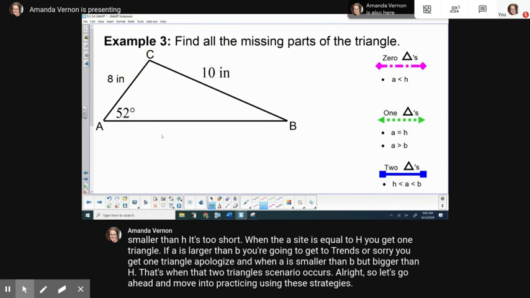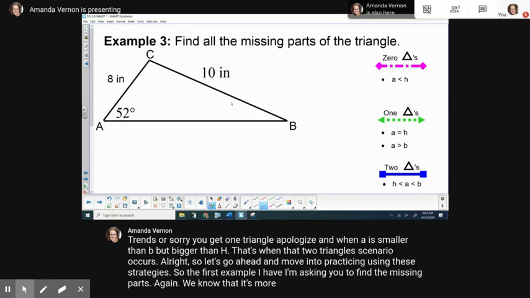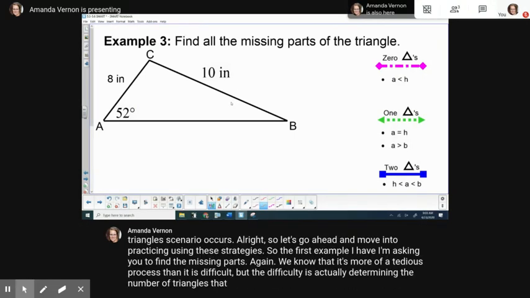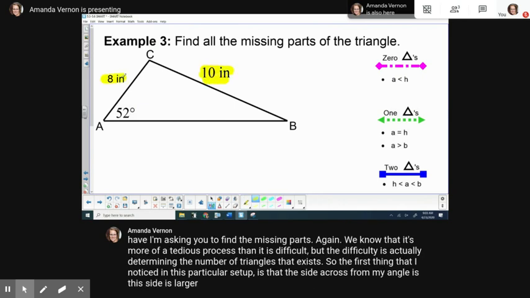So the first example I have, I'm asking you to find the missing parts. Again, we know that it's more of a tedious process than it is difficult, but the difficulty is actually in determining the number of triangles that exist. The first thing I notice in this setup is that the side across from my angle is larger than this side.